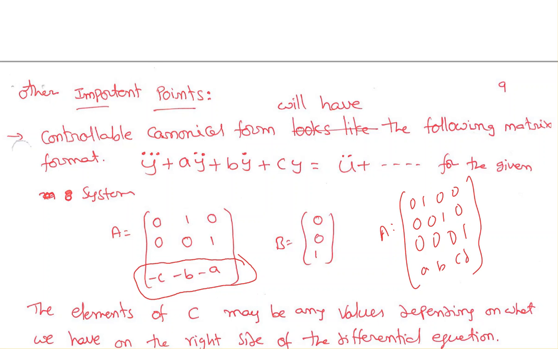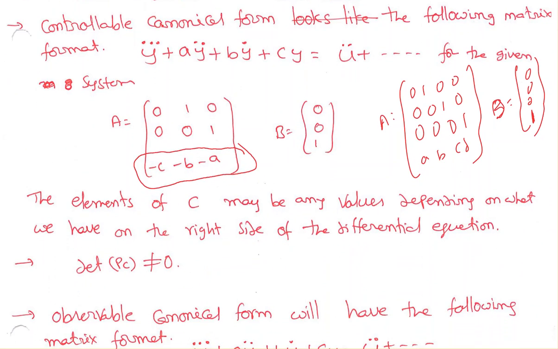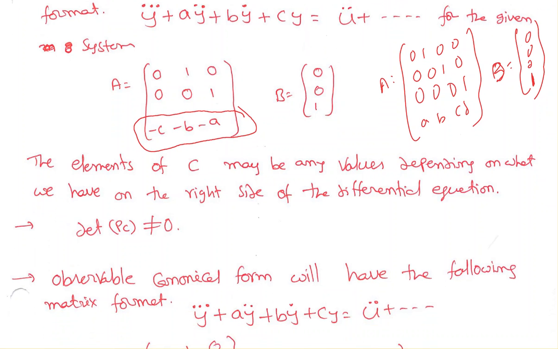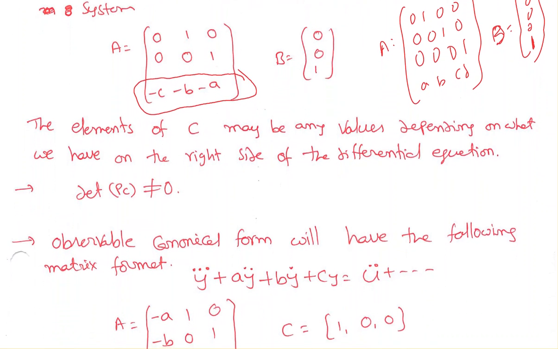So in controllable canonical form, that's the A matrix, and in the B matrix the last element is going to be 1. All other elements are going to be 0. Elements in C may be any value depending upon what we have on the right side of the differential equation. Determinant of PC is not equal to 0, so it's always controllable.